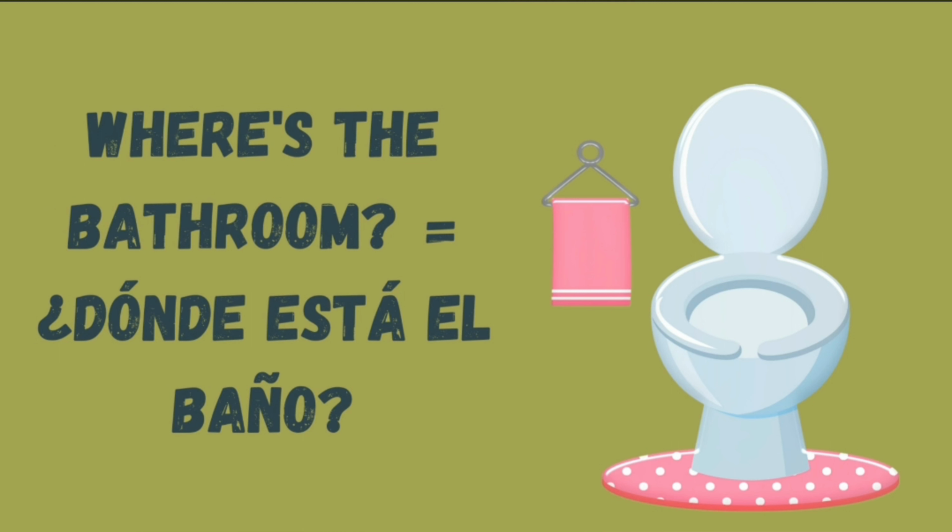If you want to say, where's your bathroom? Then you're going to say, ¿Dónde está tu baño? Okay, tu baño of that person. Or if you don't want to be so specific, you can say, ¿Dónde está el baño?